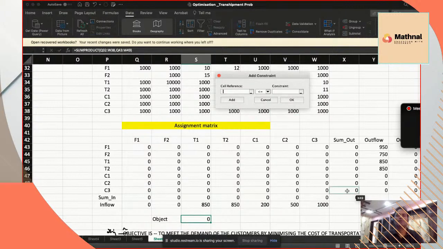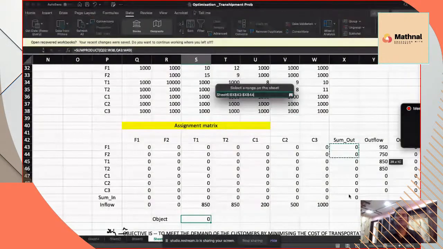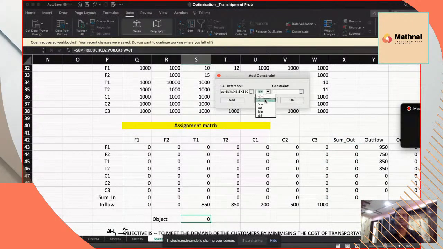This sum out has to be equal to these values.